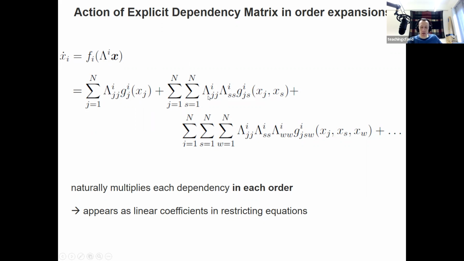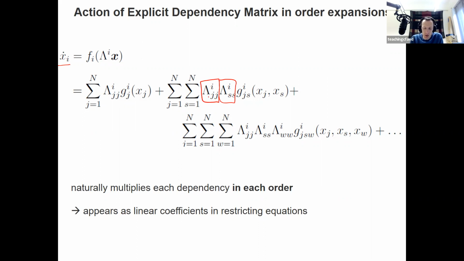And there are again two factors now of the diagonal element of the explicit dependency matrix. One is lambda i jj, and one is lambda i ss. If one or both of them are zero, then the total influence of the pair xj and xs onto xi is zero, right? If there's no influence by construction, then there's no influence of xj or xs onto xi.